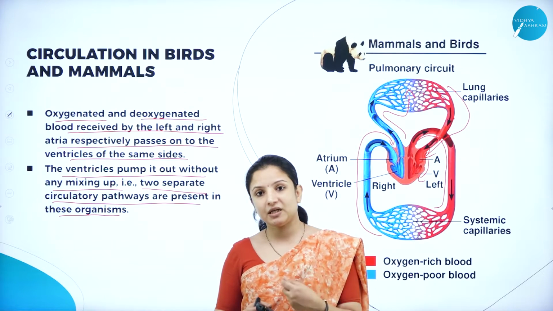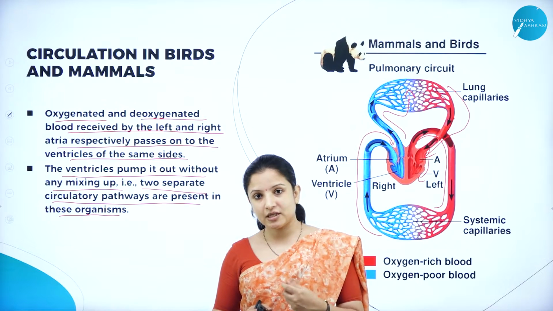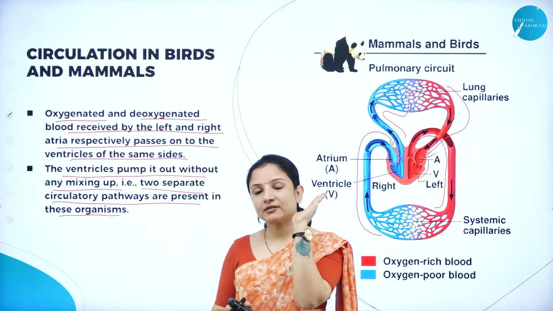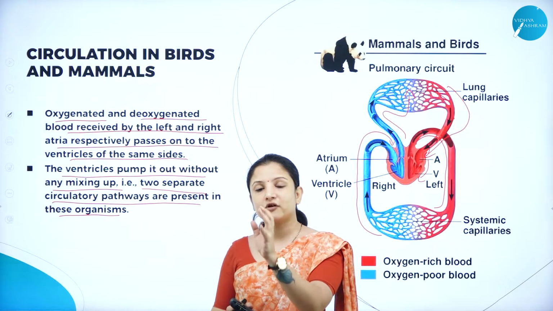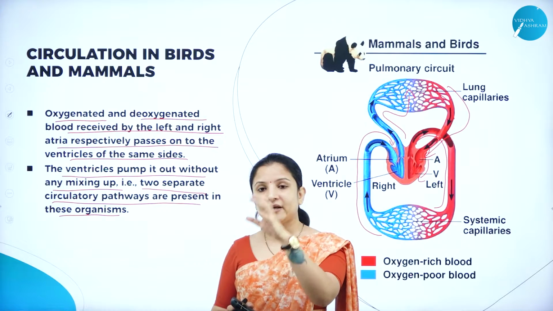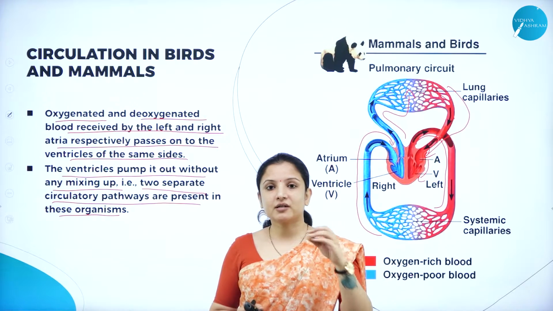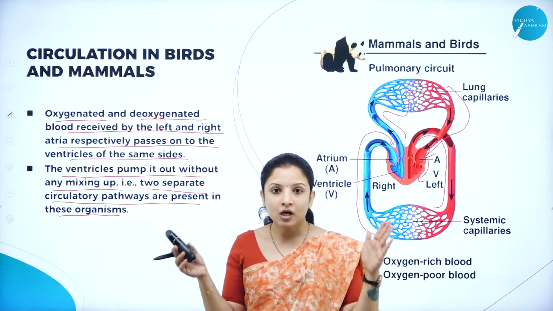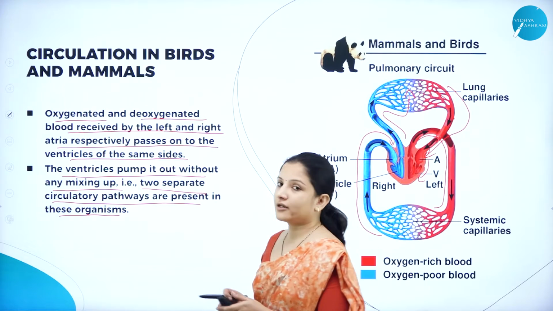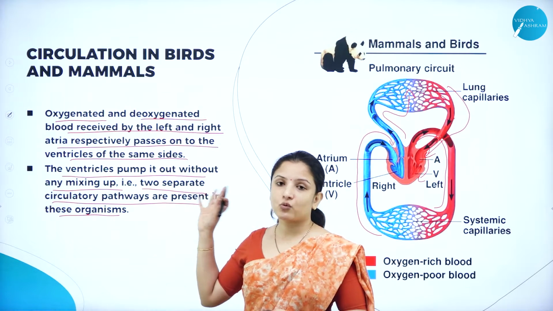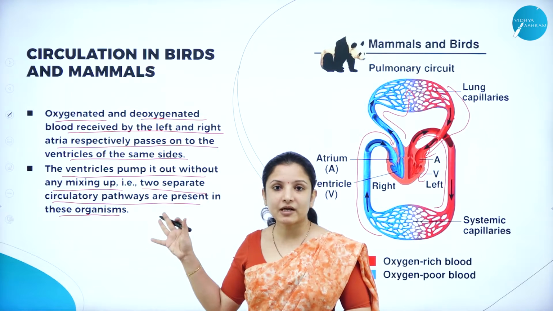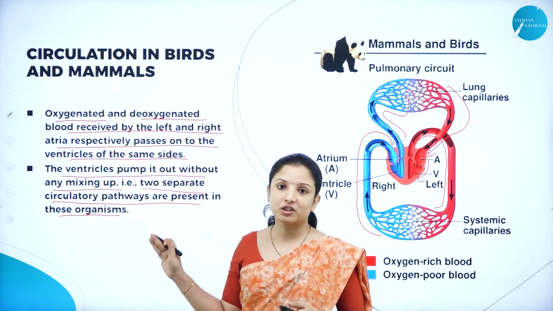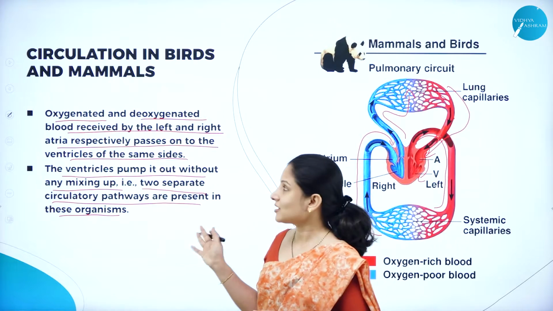Even we human beings exhibit double circulation, because one side of the heart, the left atrium and the left ventricle, is responsible for carrying the oxygenated blood, and the right atrium and the right ventricle are responsible for carrying the deoxygenated blood. So therefore, 2 circulations are involved here. Therefore, it is also called the double circulation. In amphibians and reptiles, it was the incomplete circulation because of the mixing up of the oxygenated and the deoxygenated blood.